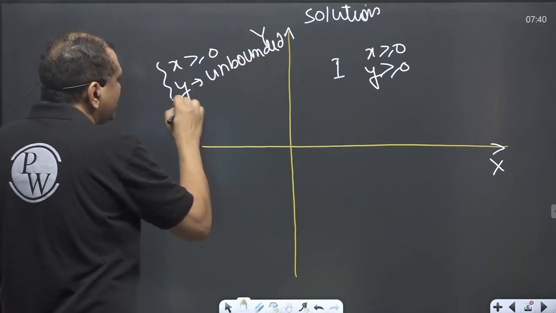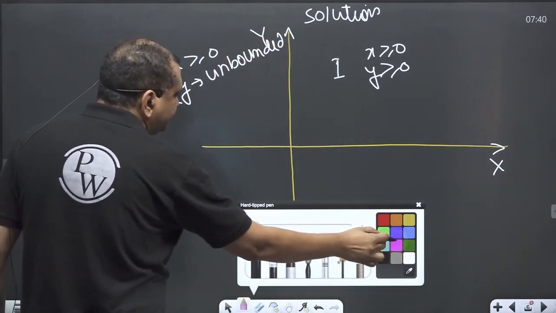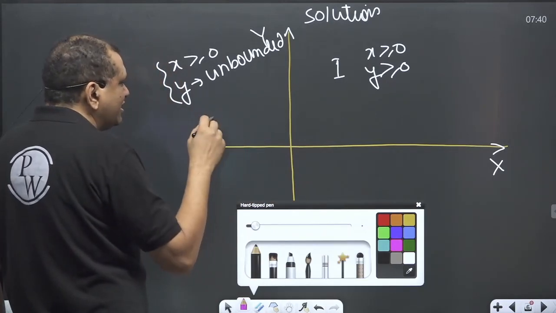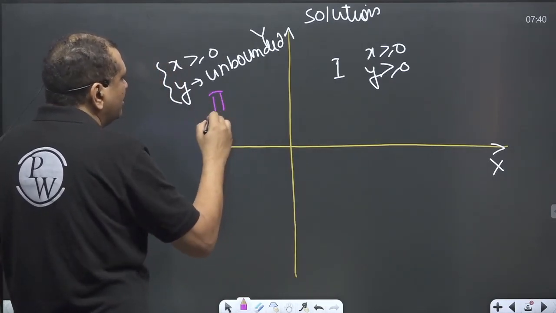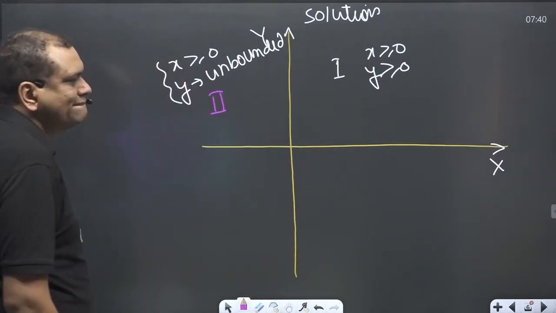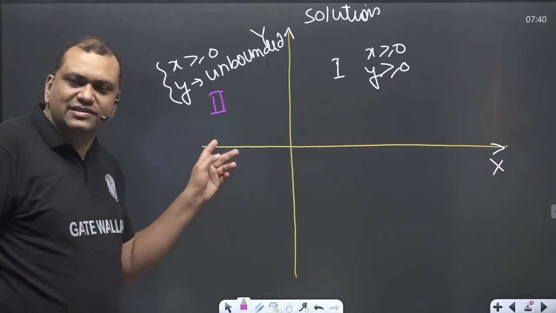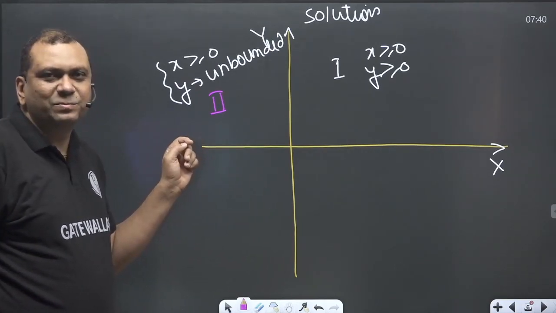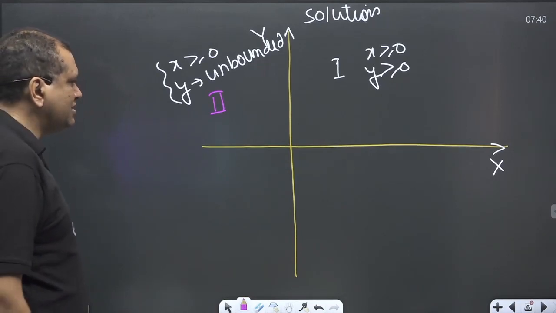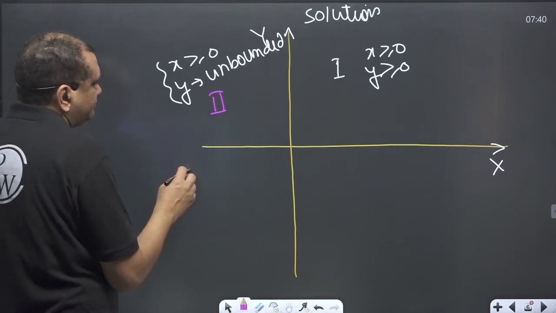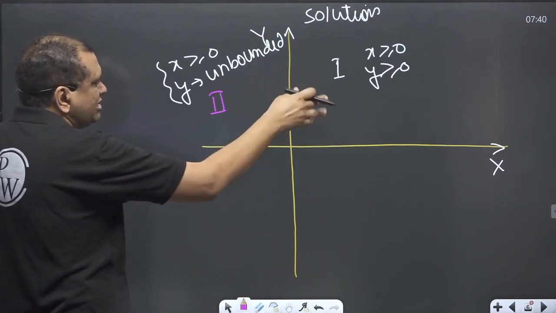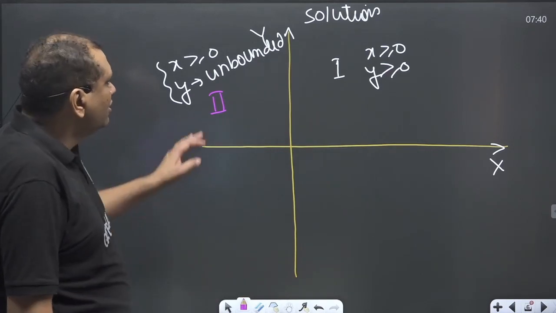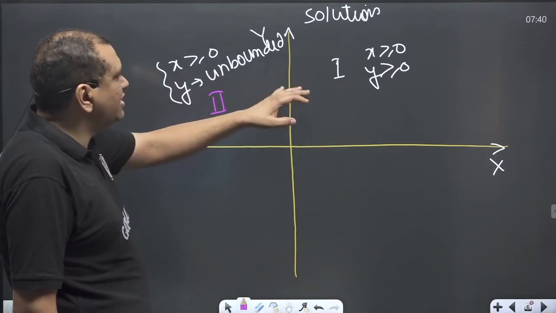If that is the condition, your solution lies in this quadrant. But let us say either first quadrant and second quadrant. Your solution lies in the first quadrant and the second quadrant.